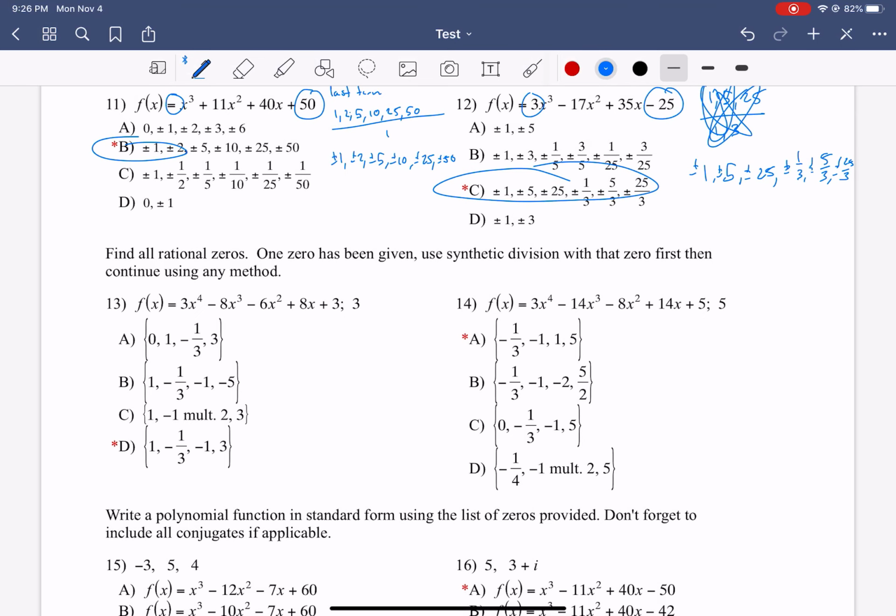All right, moving on to 13. I give you 1, 0, so if we want, we could try to synthetically divide here. So that would be 3 in the box, and then we get 3, negative 8, negative 6, 8, 3. And then if we do synthetic division, we carry down the 1.